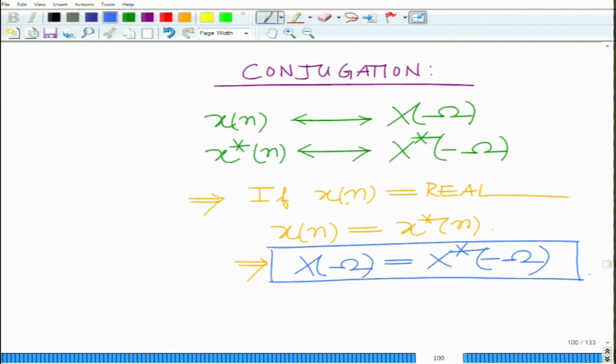For a real signal, the DTFT X of omega is basically X conjugate of minus omega. So, the magnitude spectrum is an even function of omega and the phase spectrum is an odd function of omega, okay.